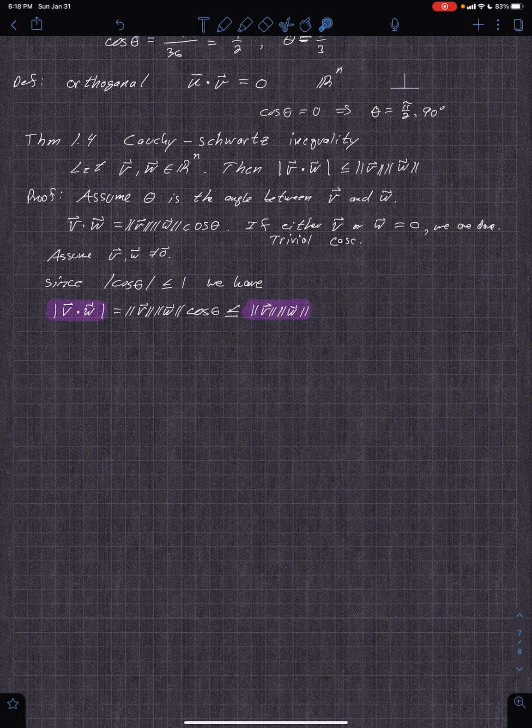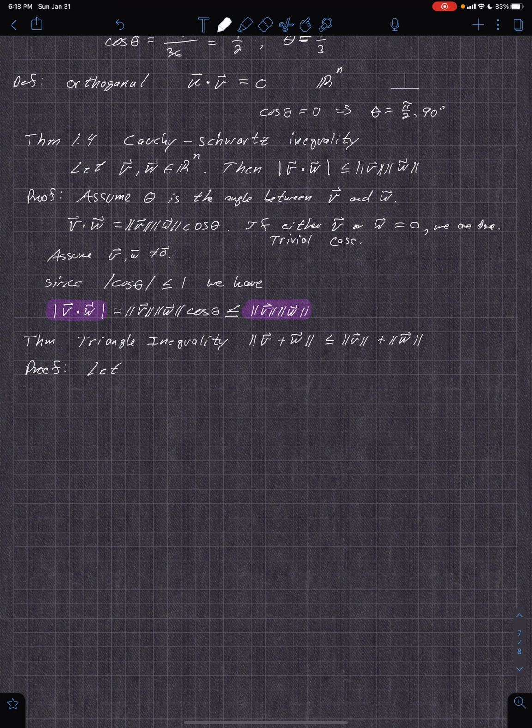That allows us to do also the triangle inequality. So I'll do one more. This is the next theorem, called the triangle inequality. The triangle inequality says magnitude V plus W is less than or equal to magnitude V plus magnitude W. So let's look at the proof of that.